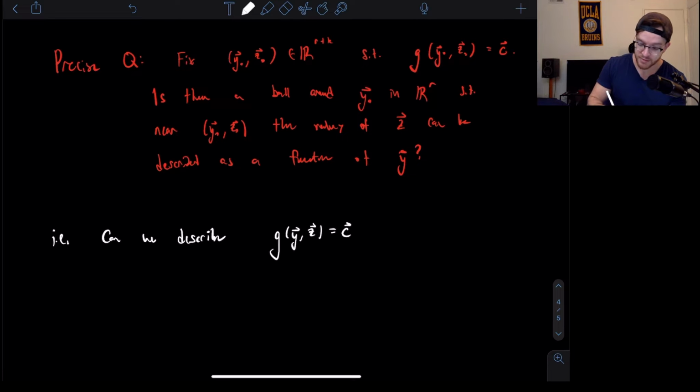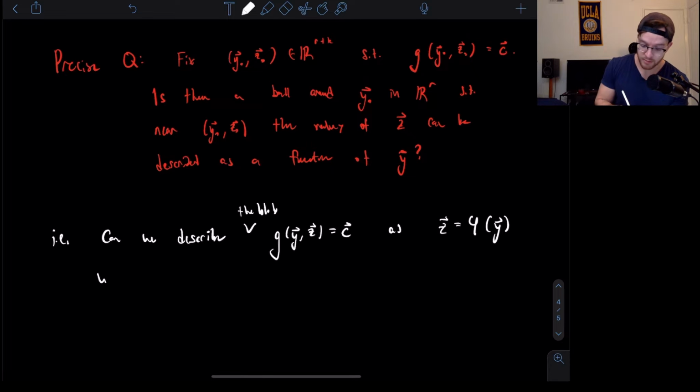So can we describe the blob described by this system of equations as the graph of some function phi, where phi eats y variables and spits out z variables?